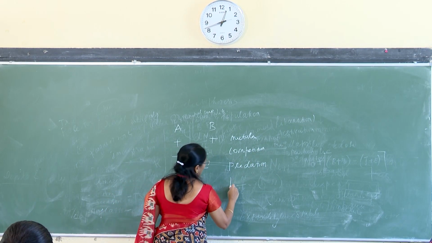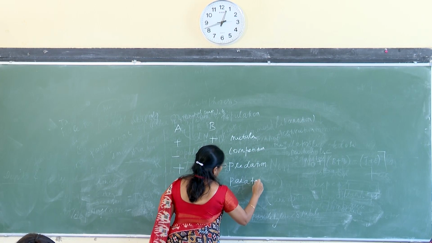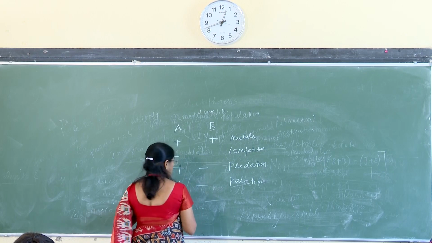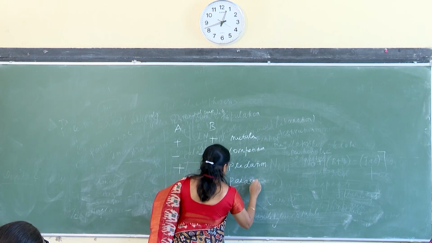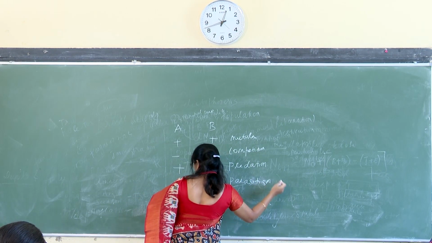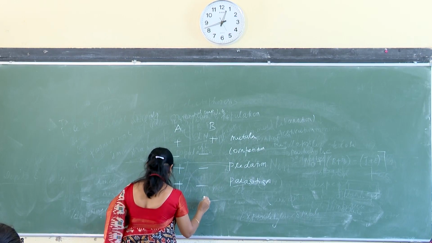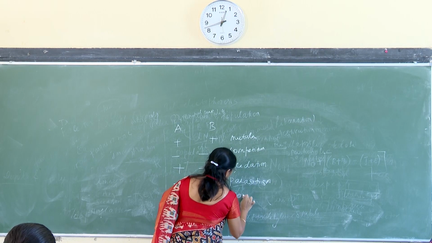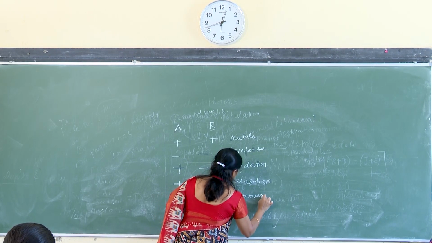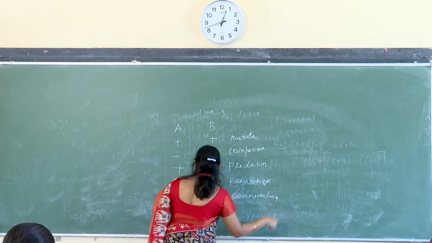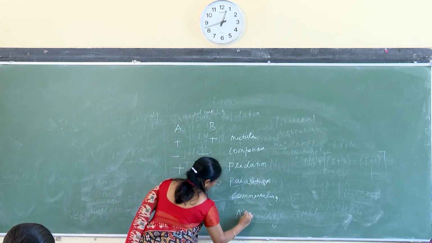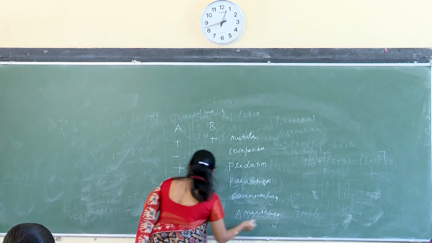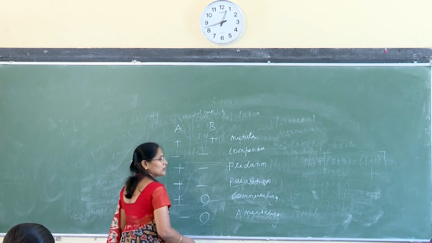Similarly, one living on the other, parasitism. Then you have your last one, amensalism. What is amensalism? One is affected, the other one is neutral.